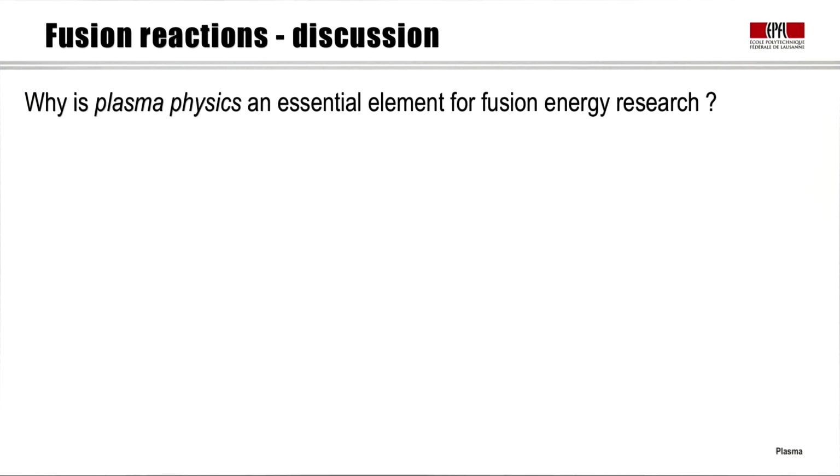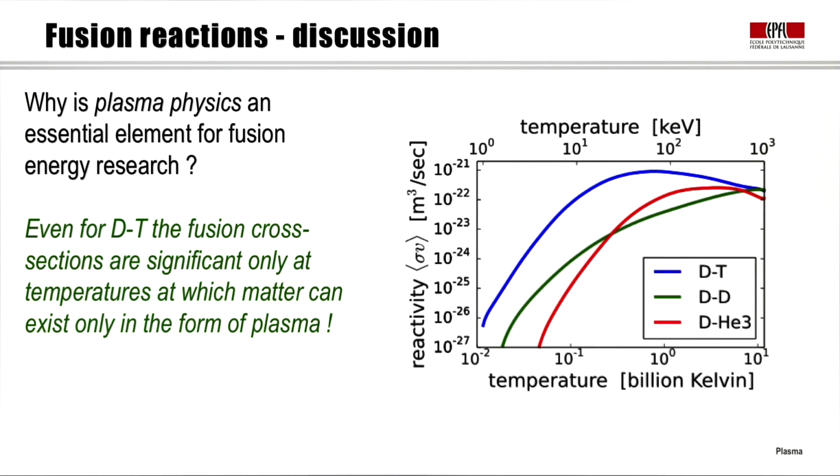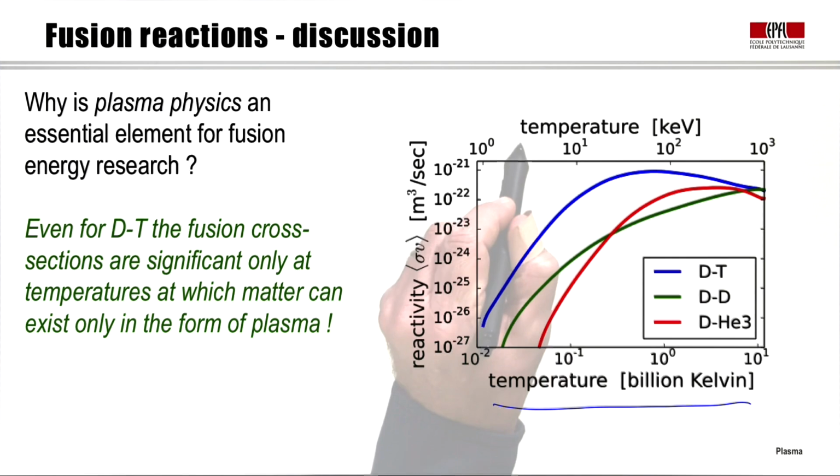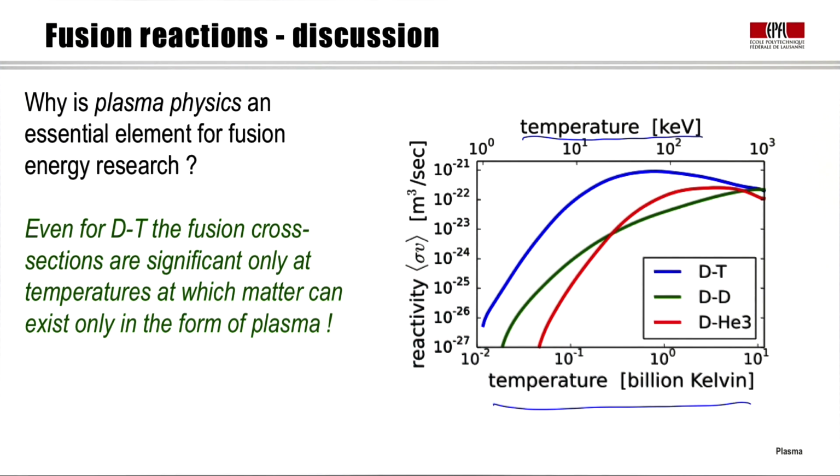One question naturally arises: why are we coupling plasma physics with fusion? Why is plasma physics an essential element of fusion energy research? Well, the answer comes exactly from the same plot we have just seen. Because if we look at that scale of temperatures, either in billions of kelvins or in kiloelectron volt at the top, we notice that we are in a range of values that corresponds to a situation in which no ordinary matter can exist in the form of either solid or liquid or even gas.